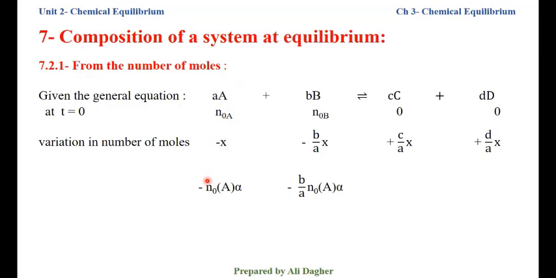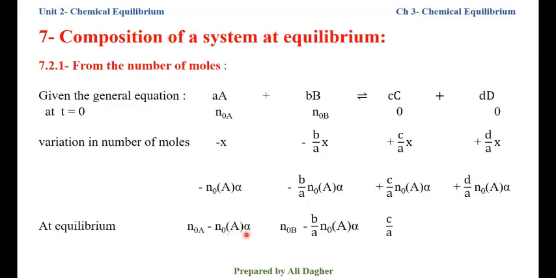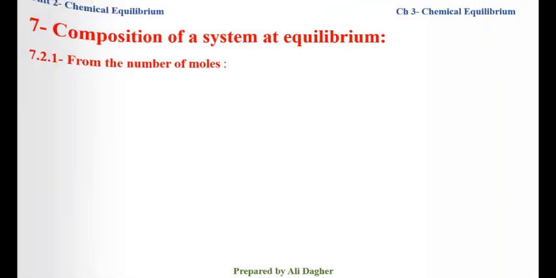Then minus N0A alpha, minus b over a N0A alpha, plus c over a N0A alpha and plus d over a N0A alpha. At equilibrium: N0A minus N0A alpha, N0B minus b over a N0A alpha, c over a N0A alpha, and d over a N0A alpha.